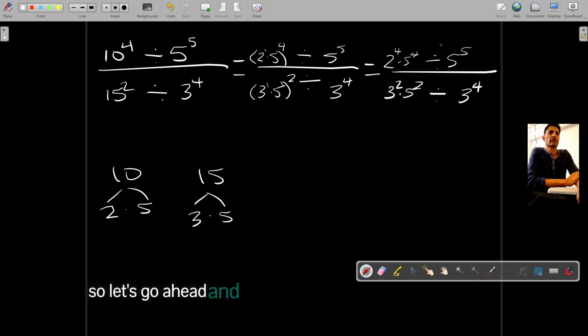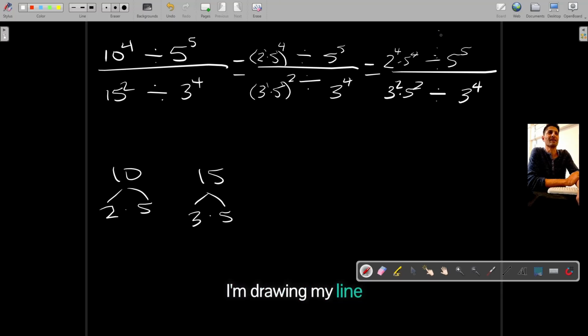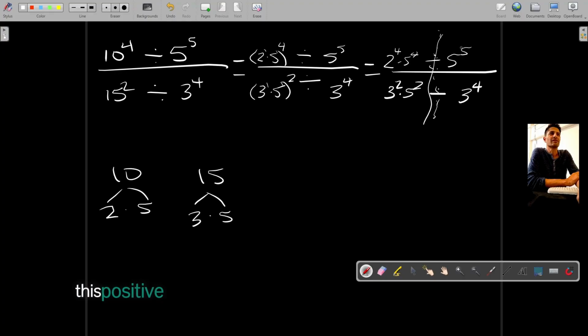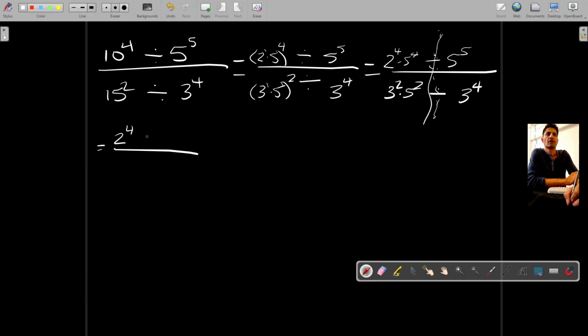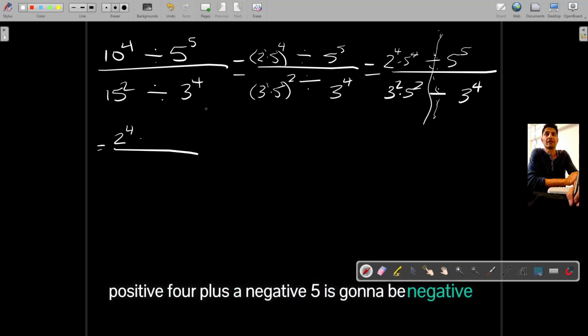Well, we know we have division here, so we'll be using subtraction. This is for instructional purposes only. I'm drawing my line. So cross the line, change the sign. This positive 5 is going to become a negative 5. 2 to the 4th, that's going to be times positive 4 plus a negative 5, which is negative 1.